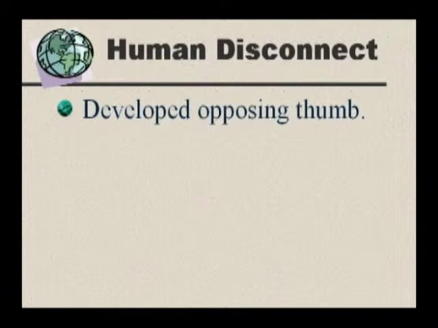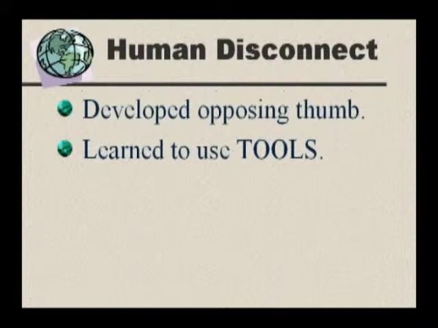That opposing thumb gave us the ability to grab things. And so we are very distinct in the animal world for that ability, and our ability to then in turn use things as tools. We are a tool-using species, if you will, that distinguishes us.